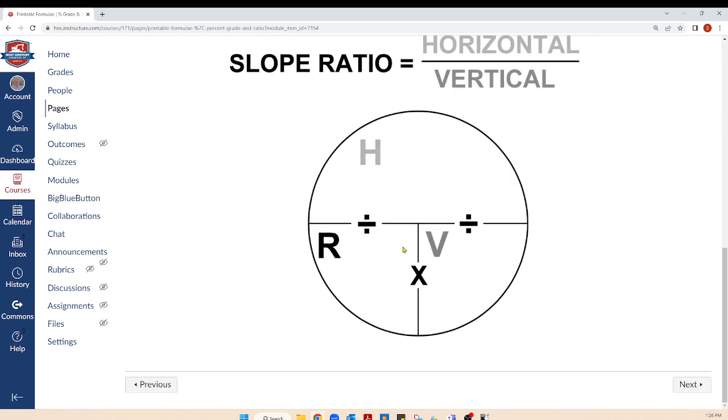So hold on to that, print it if it'll print. If not, just draw it and keep it with you. Especially during a test, you're going to have some little quizzes that give you a ratio and say it has a vertical distance of this. Tell me what the horizontal distance is. So be sure and put that in your pocket.